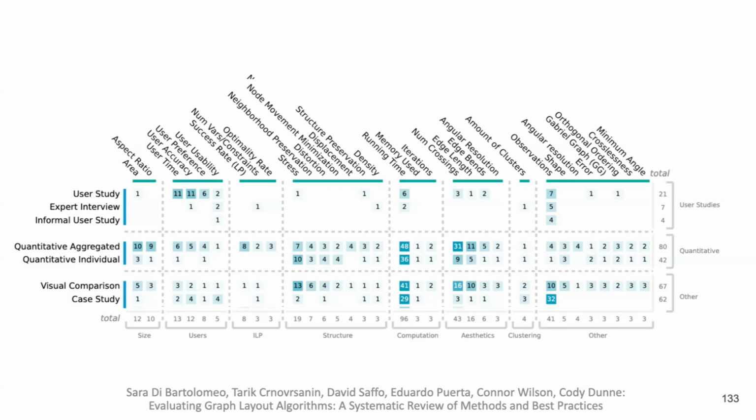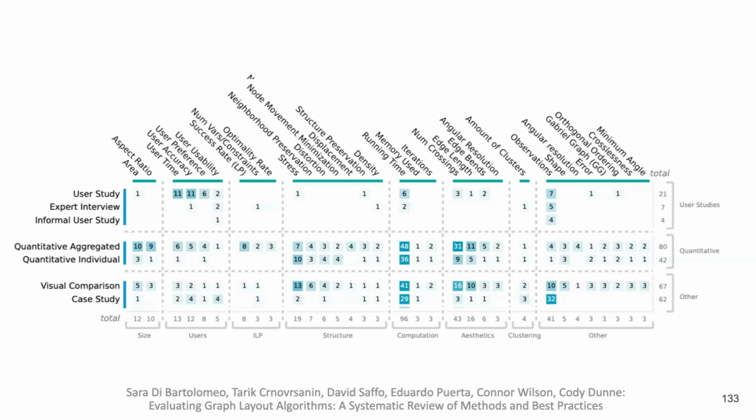Here you have the total number of how many times these metrics have been used in total, not split by evaluation types. You see that the most reported one is running time, 96 times, but then you have number of crossings as second value.